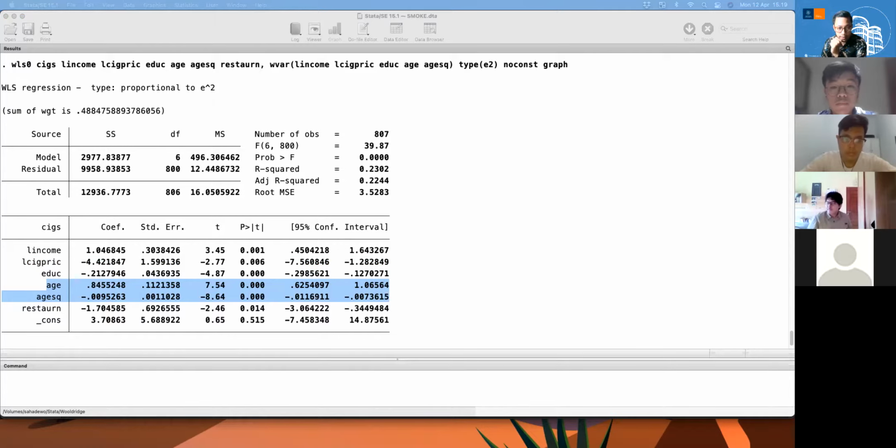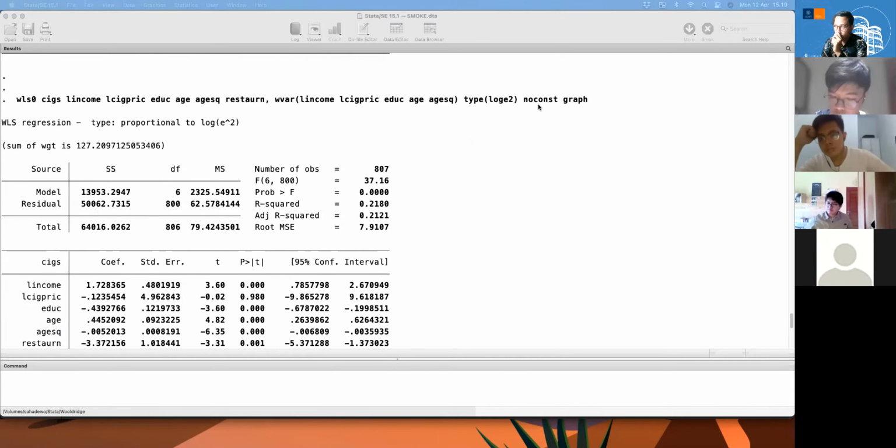Yes, go ahead. I wanted to ask about the static WLS regression. For the type, you use the squared residuals and the log of squared residuals. What's the difference between those two, and which one should we use?